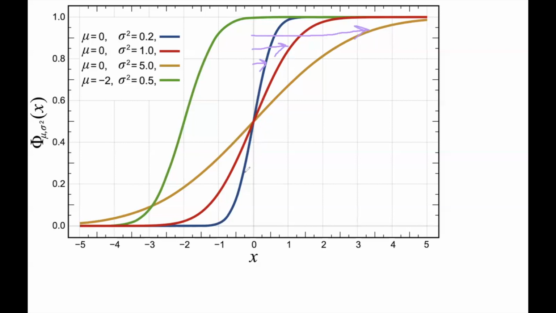You can see that the variance of the blue curve is smaller than the variance of the red curve, and the variance of the red curve is smaller than the variance of the yellow curve. So as variance is smaller, the CDF line for the Gaussian distribution gets closer and closer to this line. This is my central line.